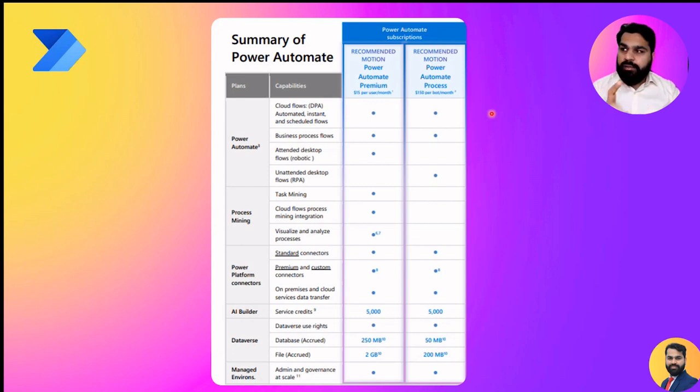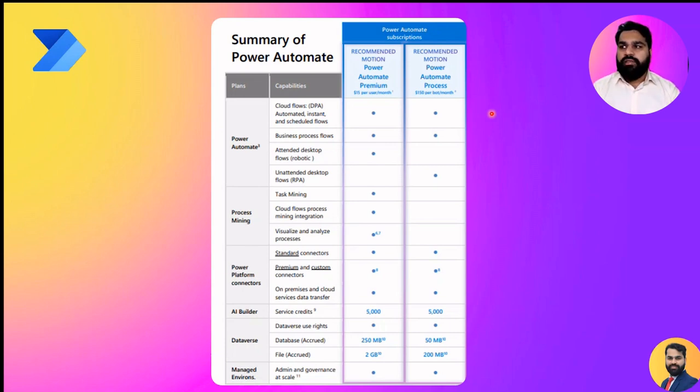Now I'll come to one point which might be a bit confusing, but bear with me on this. One user who is having Power Apps premium license would be able to trigger any of the Power Apps triggered Power Automate from the Power Apps itself without any Power Automate premium license required. Why?